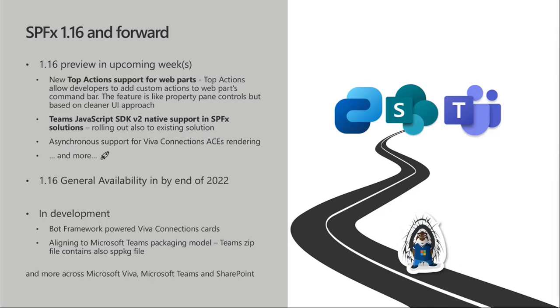Also, we're looking into aligning the Microsoft Teams packaging model. You might think about this as the unified Microsoft 365 packaging model as a zip file, almost like a Microsoft Teams zip file. Well, it is the Microsoft Teams zip file, but that zip file does not only contain the manifest, it will contain the manifest, the images, and the SPFx file.